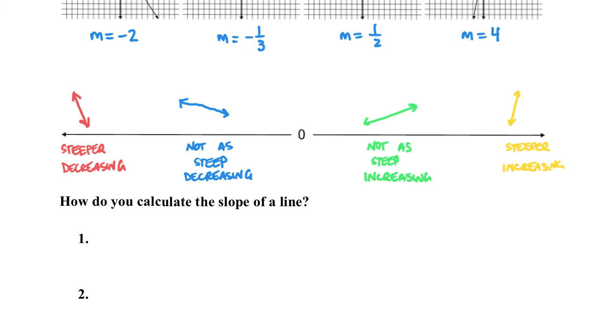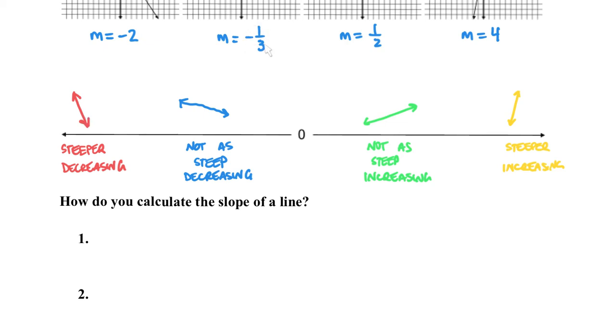Okay, something like that. So if you have a very negative number, -2, -3, -4, and on and on, that's going to be pretty steep and it's going to be decreasing, going down as you read it from left to right.